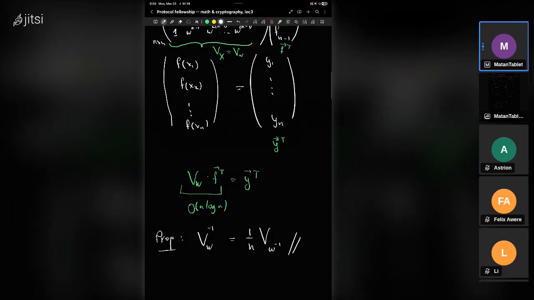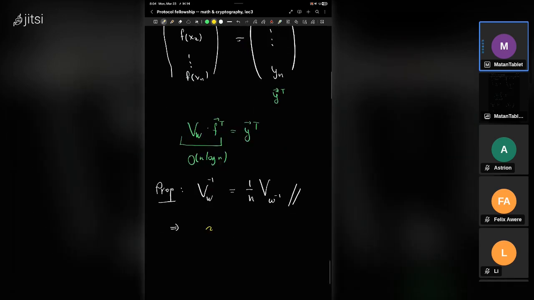I will not prove it, but it's a very basic calculation. So we transform this green equation into the yellow equation: Ft is equal to V minus 1 W Yt.